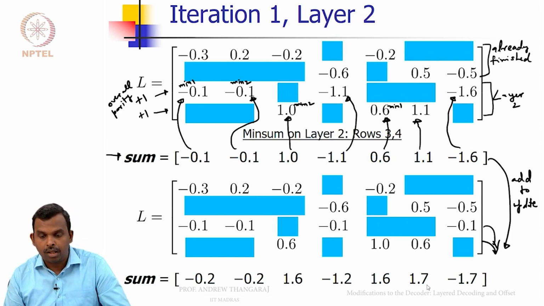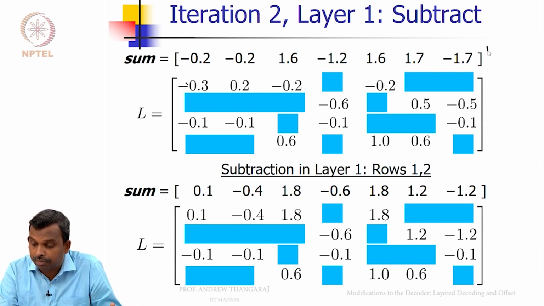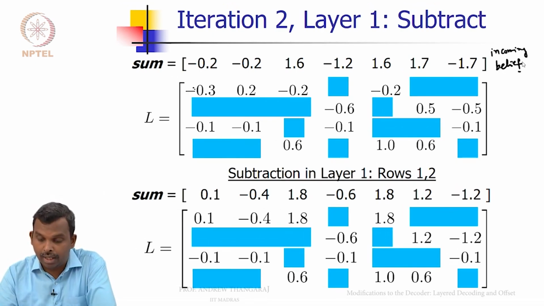Alright. So, this is iteration 2 layer 1. The first step is what I call subtract. Okay. So, you always have to subtract. This is the incoming belief. And remember, I want to process these two layers, these two rows, right. So, this is layer 1. Okay.